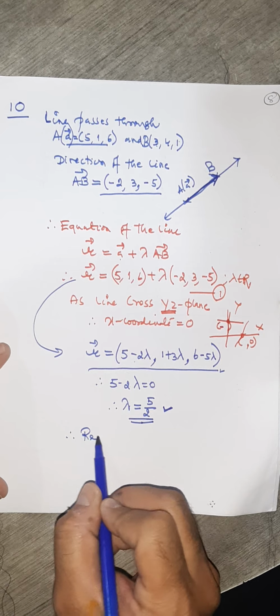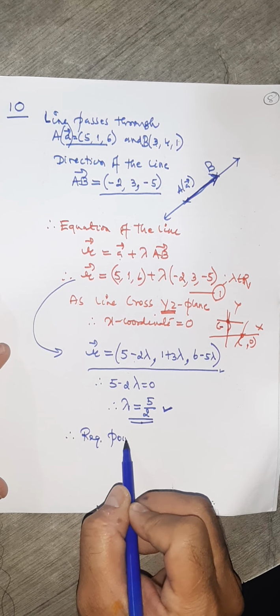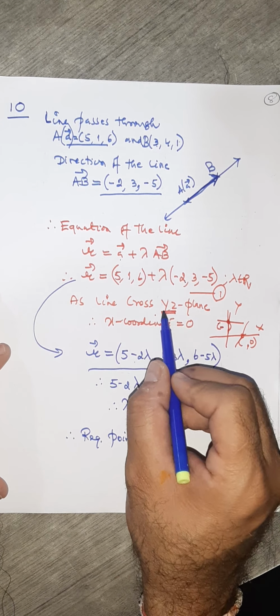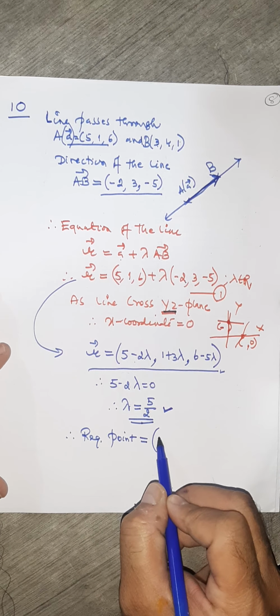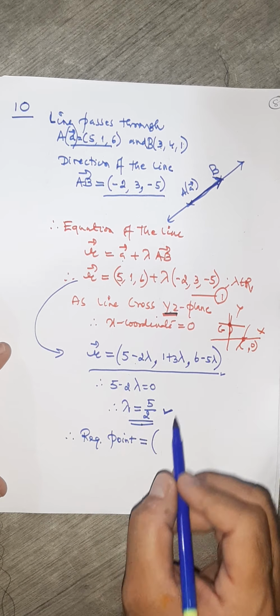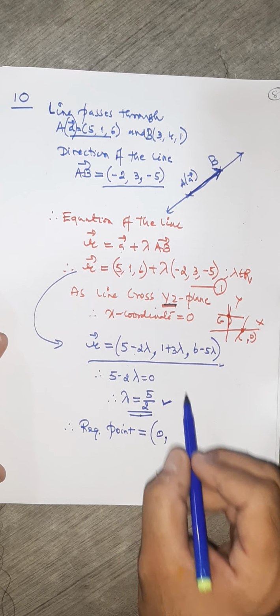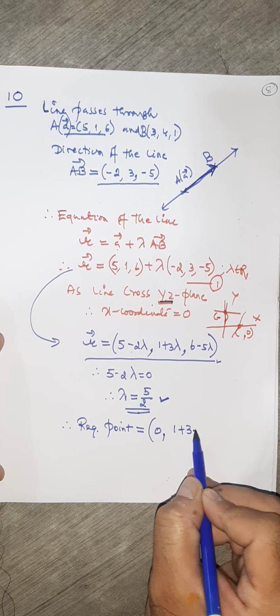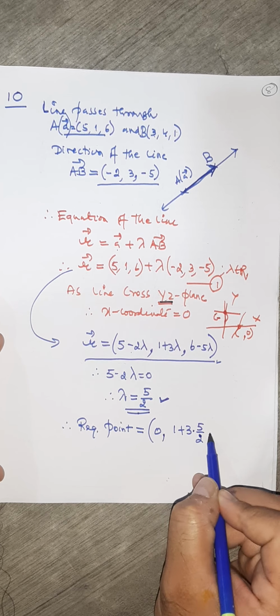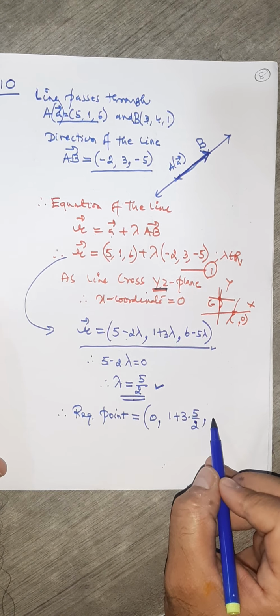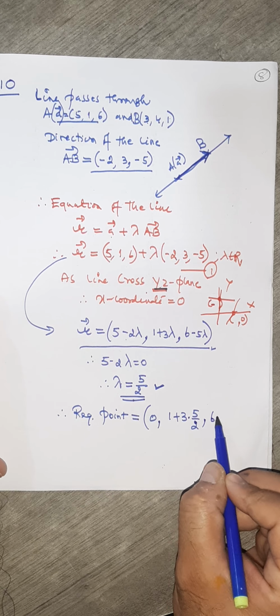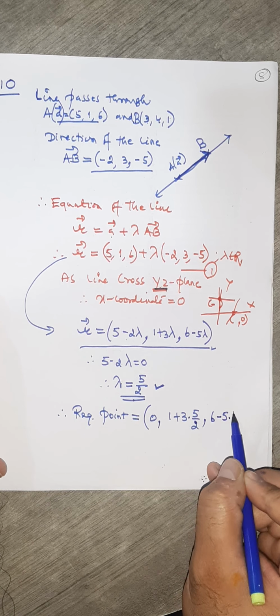So the required point where this line crosses the YZ plane equals, here, this will obviously be 0. What about this? 1 plus 3 into 5 by 2, comma, and at this place you have 6 minus 5 into 5 by 2.